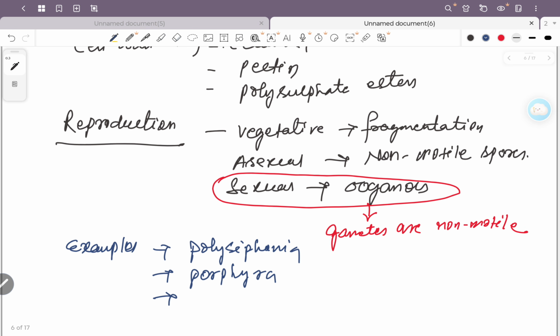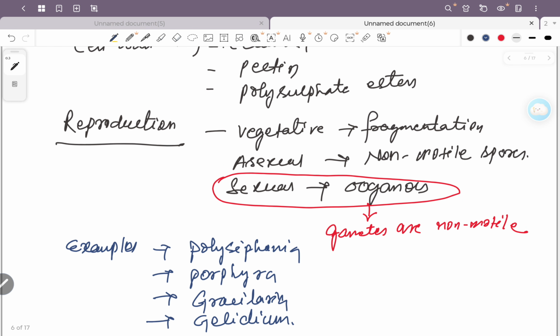Already we have discussed the economic importance of Gracilaria. Gracilaria and Gelidium. So these are the examples of Rhodophyceae. So this is all about the classification of the algae.